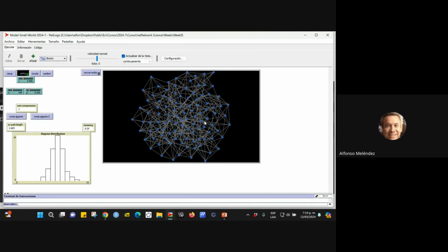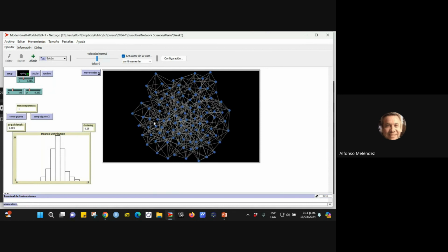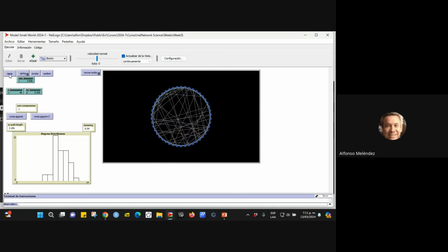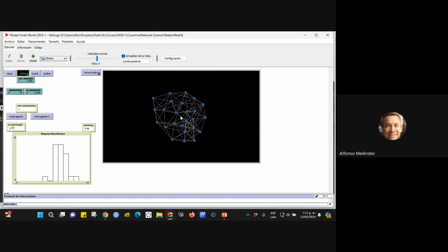It's difficult visually to see if there are hubs or not, but okay. Let's put it with less. I guess it's okay. This is a small world network. Oh, look, 1.7 and clustering 0.46.